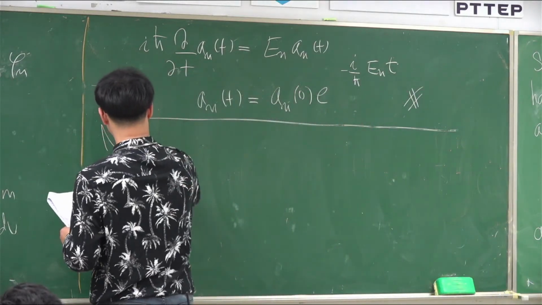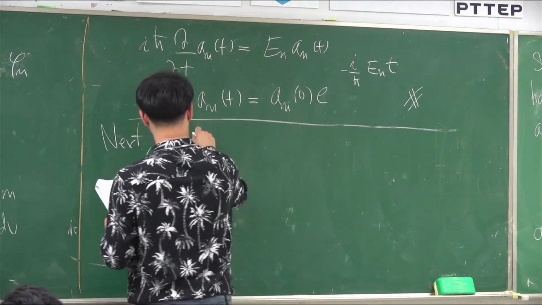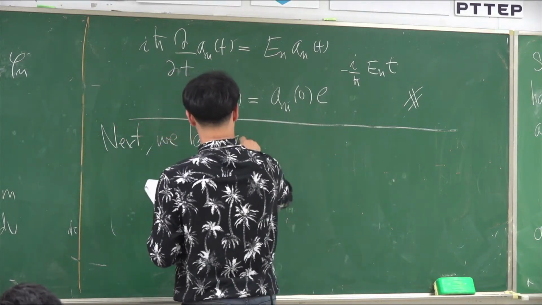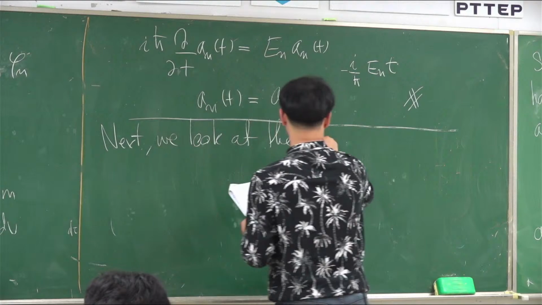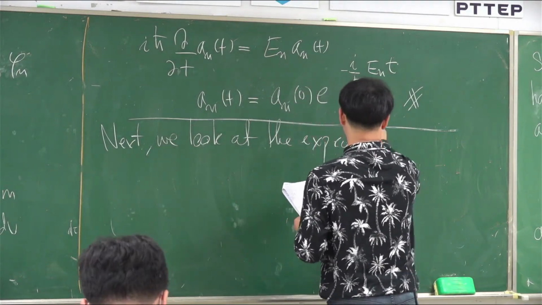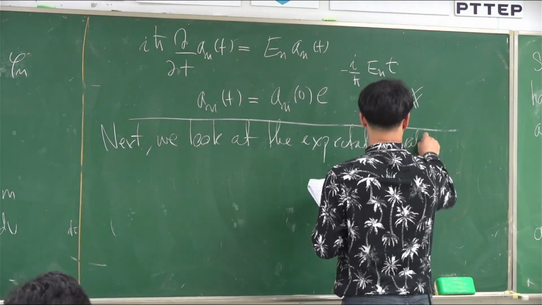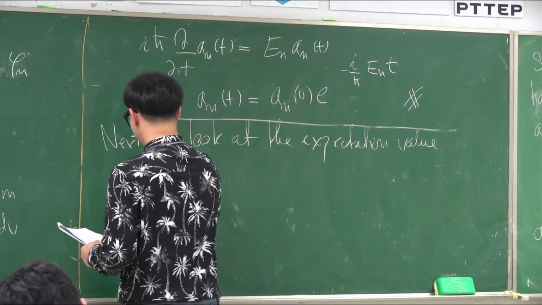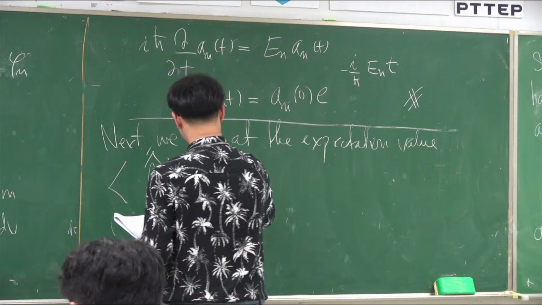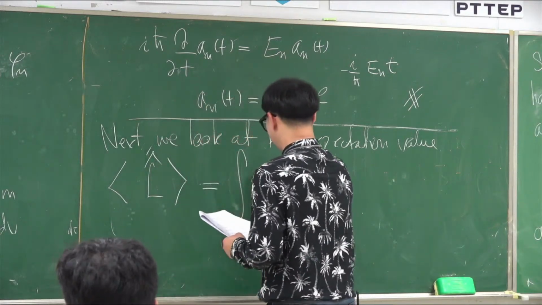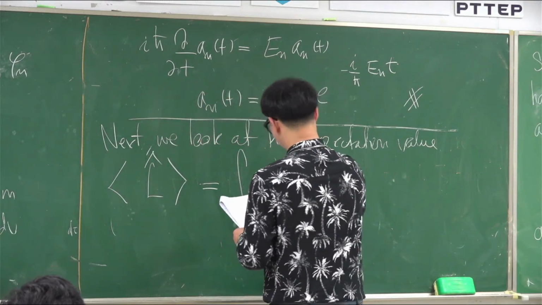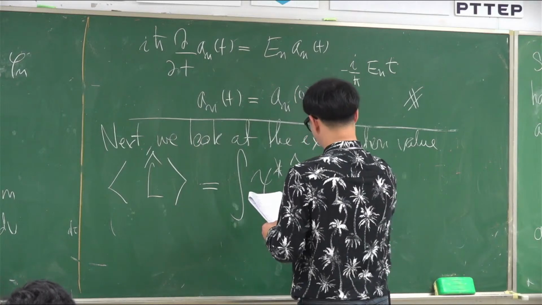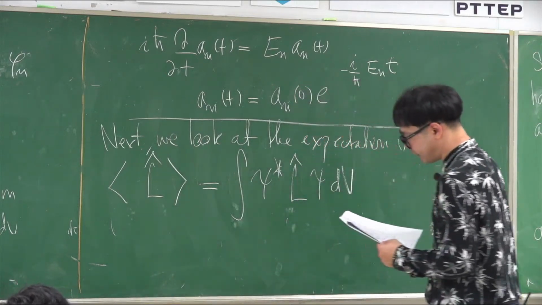So next, we look at the expectation value of any operator, but suppose that we look at it for the L. So you're going to have this, right?